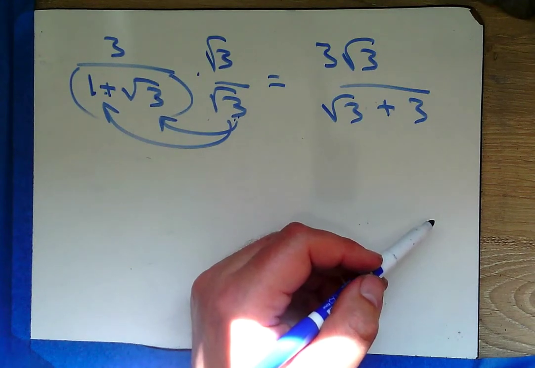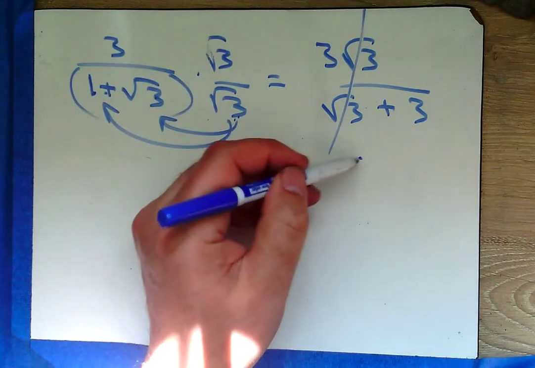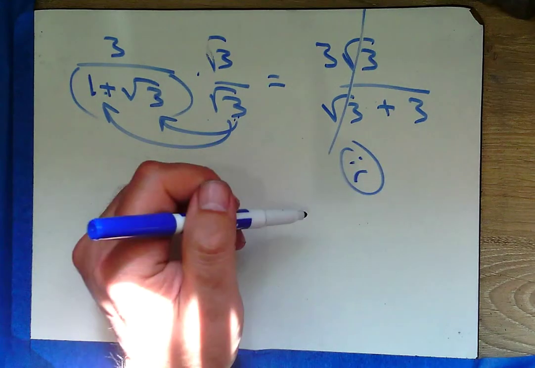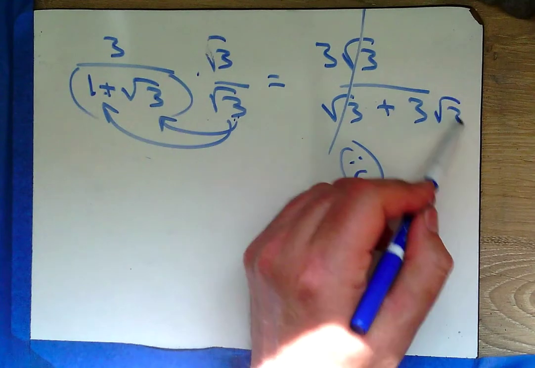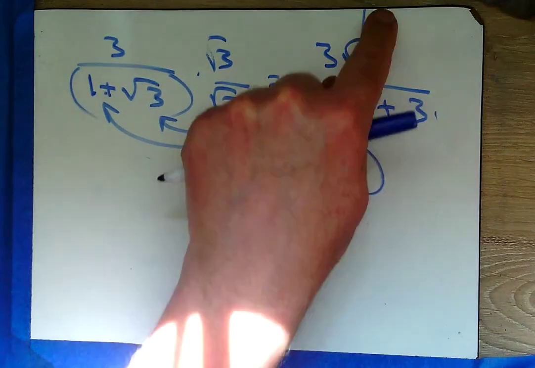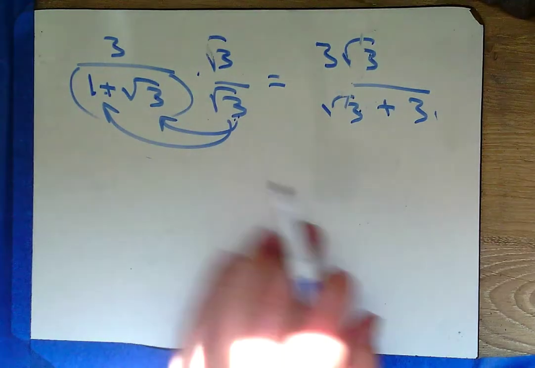And by all the gods of Norse mythology, do not cross these out. That is so very bad. Bad, bad, bad. If you could take out a root 3 from all of them, you can take out a root 3. But you can't, and so you may not cancel on top and bottom.